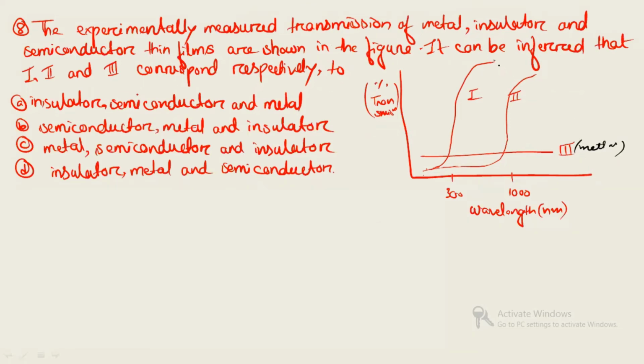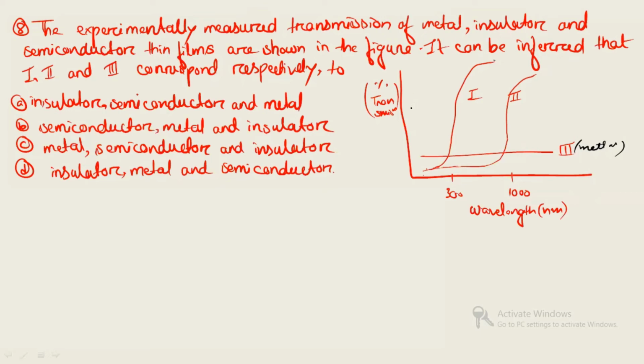Next, now we are having semiconductor and insulator. When we are looking at semiconductor, due to doping, transmission is greater than insulator. This is the theory part. In semiconductor, the transmission is greater compared to insulator, and why is it so? Because of doping. For more details you can go and see, but I'm just giving you the basic detail.